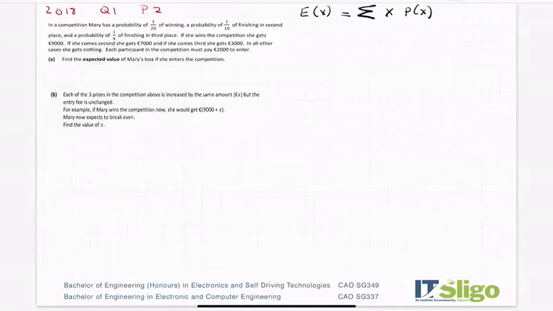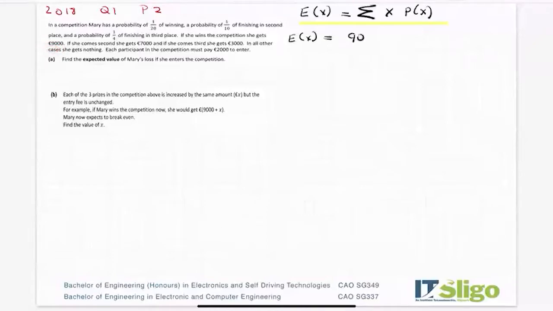Okay, so take down that, make sure you know it, because that's the piece of theory that will help you with the expected value questions. Now, what does it mean? Okay, so for this one, the expected value means sum just means add, x is the values and p is the probabilities. So the first value, or the first amount she could win, is 9,000 euros.